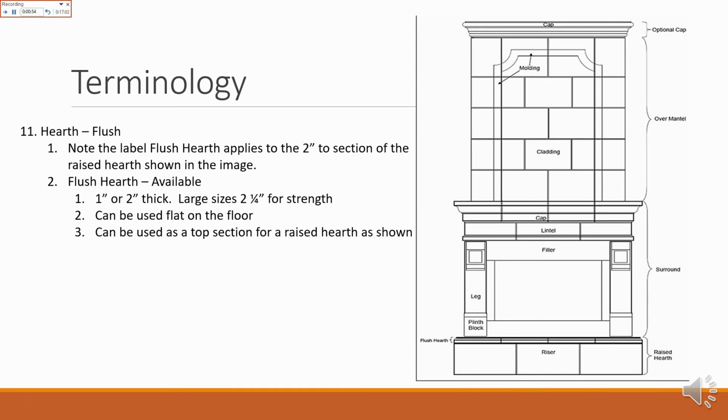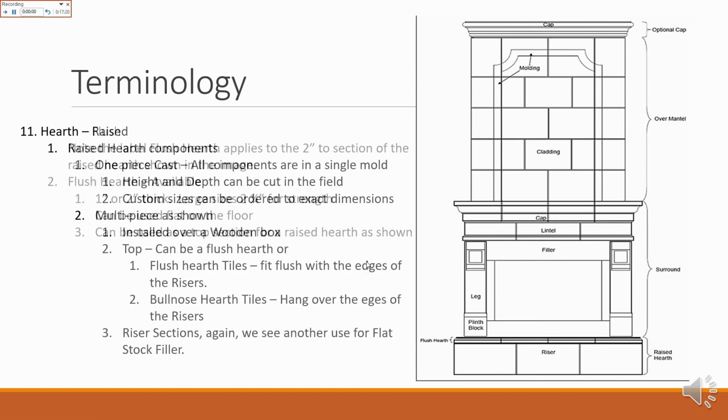That's because they have to support heavy mantels and surrounds, and they have to endure shipping. So a flush hearth can be used flat on the floor, or it can be used as a top section for a raised hearth, as it's shown here. Down here at the bottom is the raised hearth.